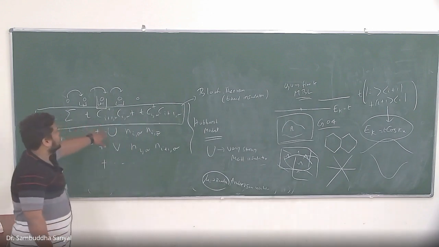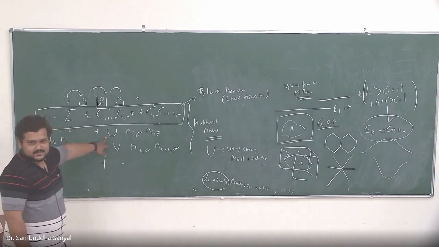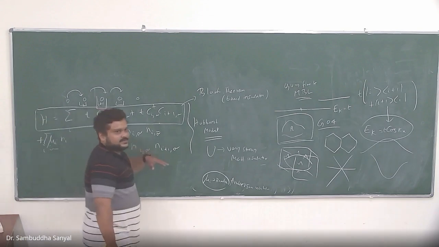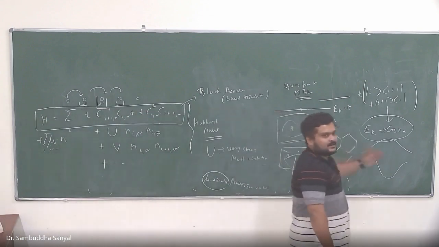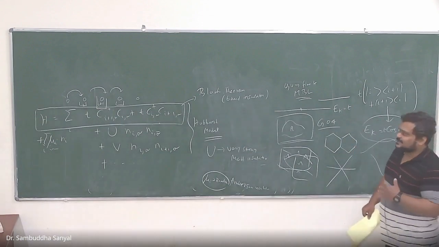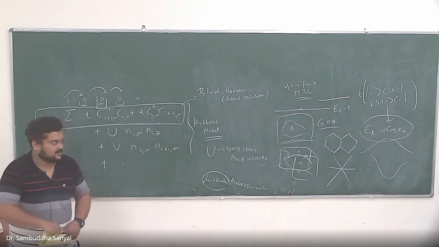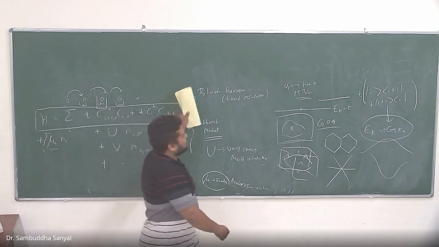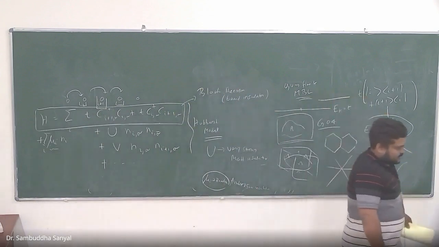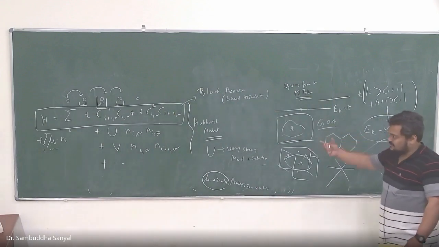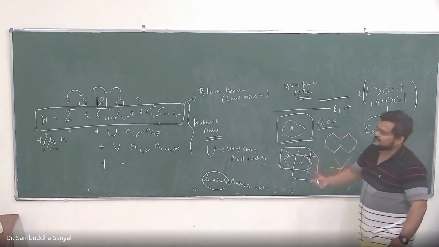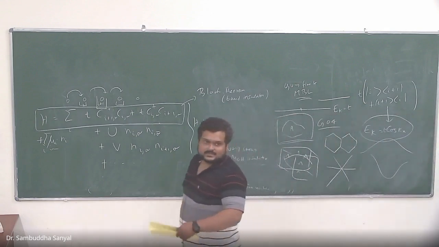For such systems, the U will dominate the physics, and then it is completely the physics of correlated electrons. One example is the fractional quantum Hall effect, and there are many other examples people are studying these days. So this is one whole class of things that you can study using this second quantization language.